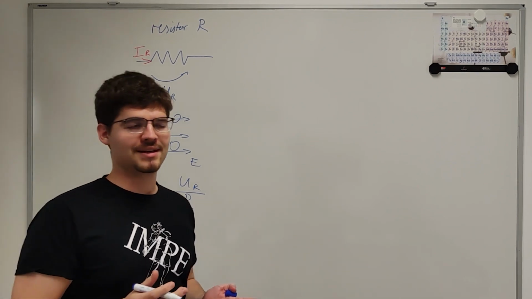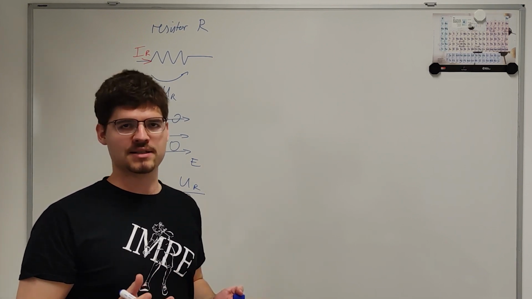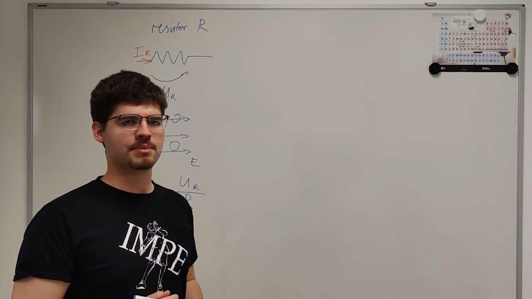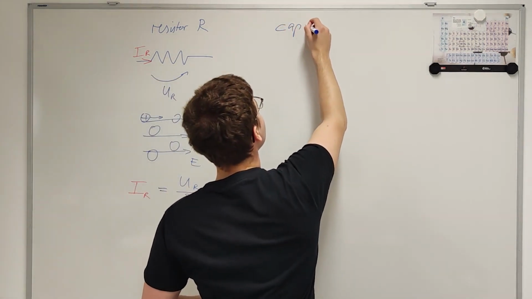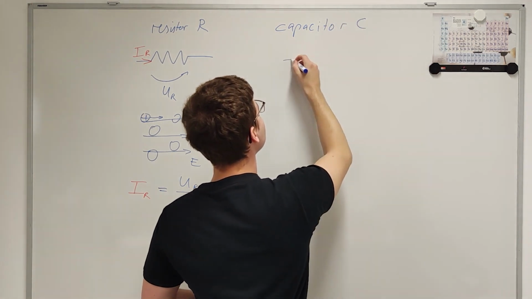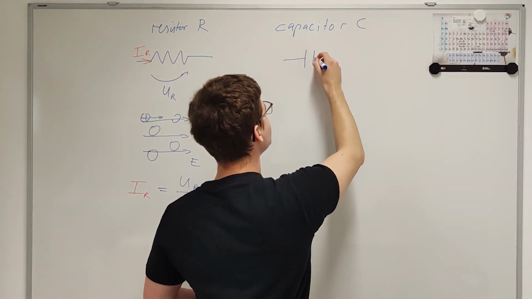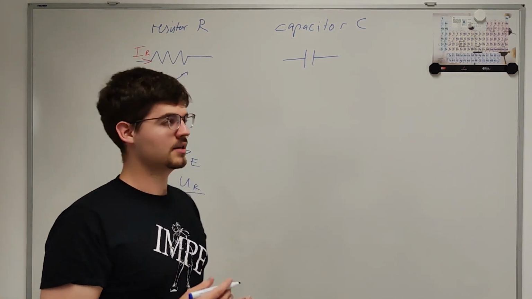Then we are dealing with an electrostatic field, and the second element that we're dealing with, the capacitor, commonly symbolized with the capital letter C. And this is the usual circuit element and symbol.